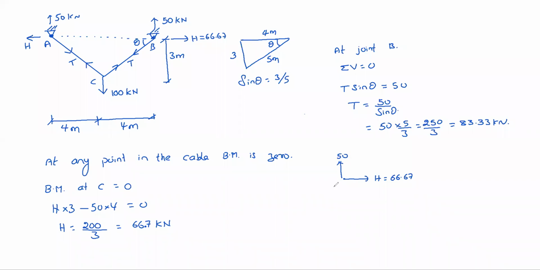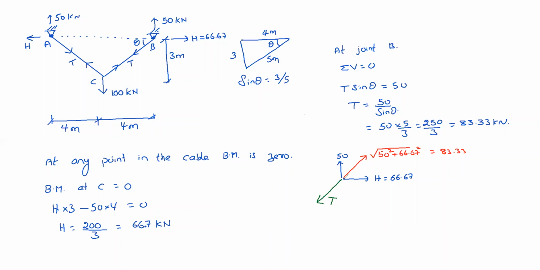Obviously the resultant of this 50 and h is the root of 50 square plus 66.67 square. How much? 83.33. The resultant obviously acts in the direction of the cable only. That you can observe.